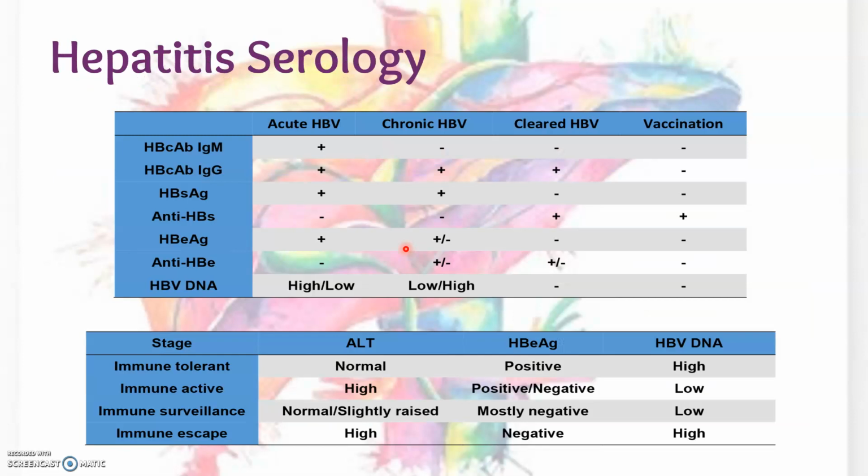In addition, we need to know how to interpret hepatitis serology, and this is particularly important for hepatitis B infection and distinguishing between acute and chronic hepatitis, and in particular chronic active hepatitis and carrier states. Again, you may want to pause the video and have a closer look at this slide to tell us the difference between these different states.